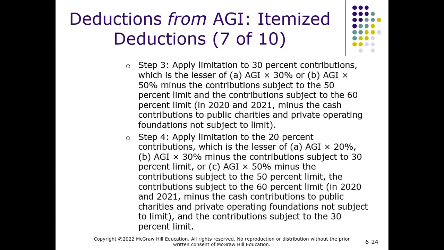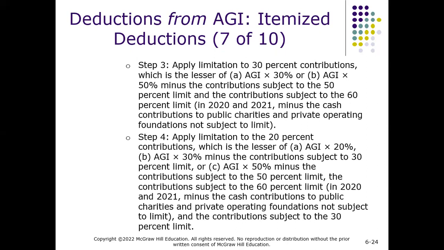Then apply a limitation to 30% contributions. And you could read through this. Let's see it in action though. If you go to page 6-21, we have an example there that really shows this in action. This year, Courtney made the following contributions. She made a contribution of cash to the Red Cross, which is considered a 60% limitation because it's a public charity.